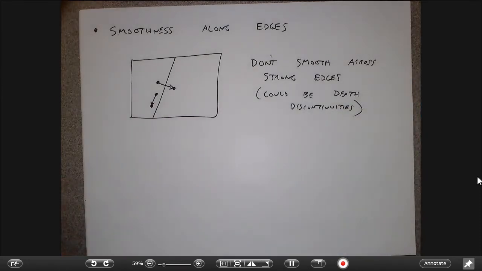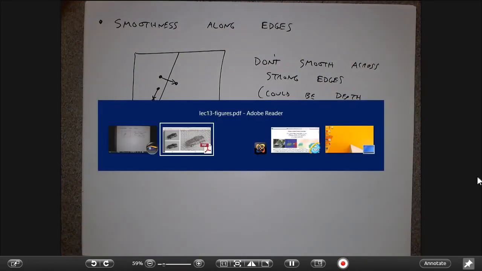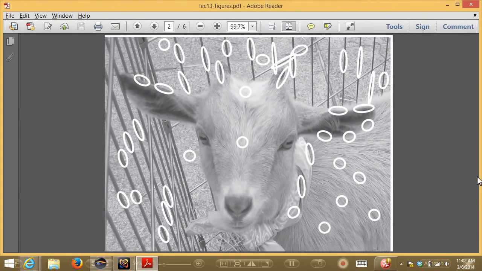And so here's a picture of a goat. So the idea here is you can apply what's called an anisotropic diffusion tensor, which is a fancy way of saying you can estimate for every point in the image an ellipse that tells me what direction the edge is pointing and how strong it is, right?